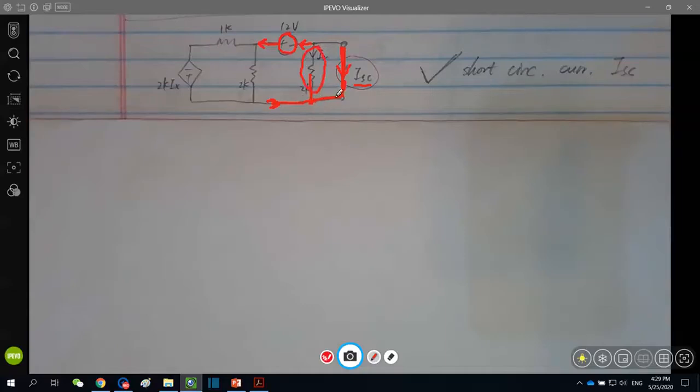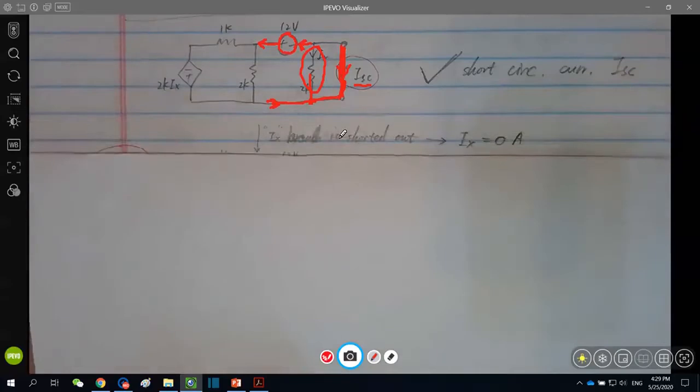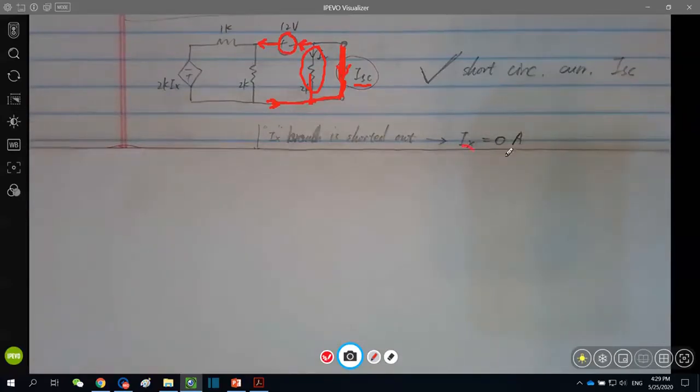All of it is going to flow through this short circuit back to the negative terminal of the independent source. With that being said, essentially we have this conclusion: Ix is 0. No current flows through this branch at all. No current means open circuit.